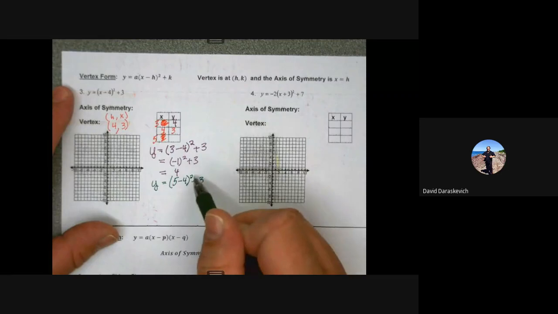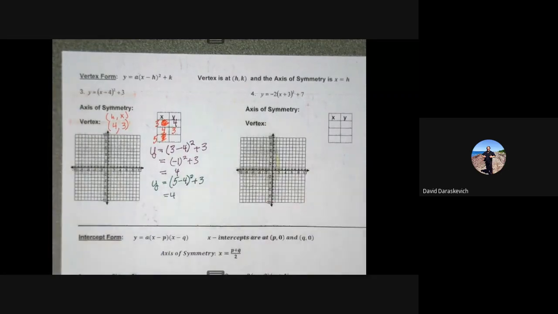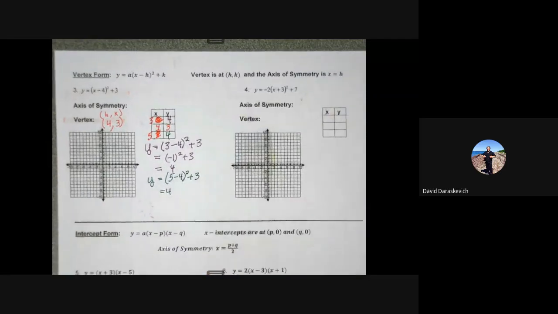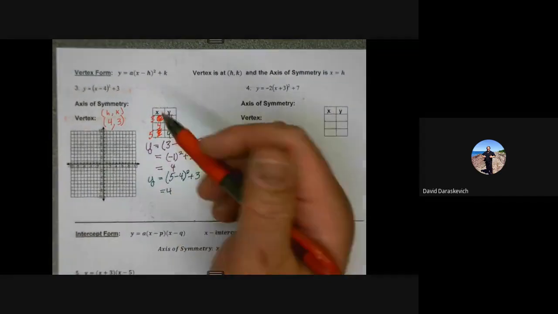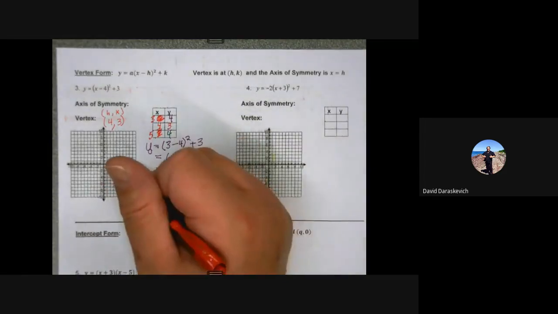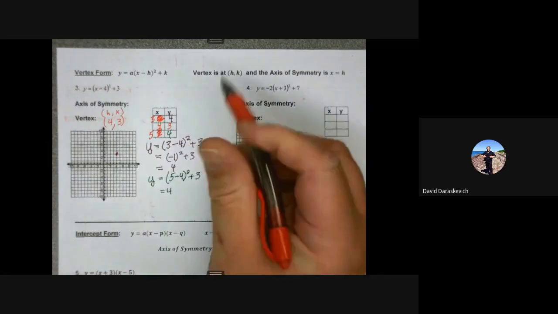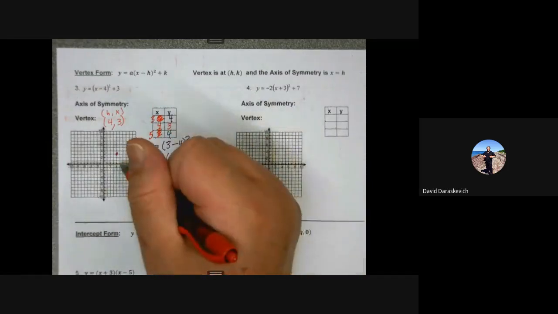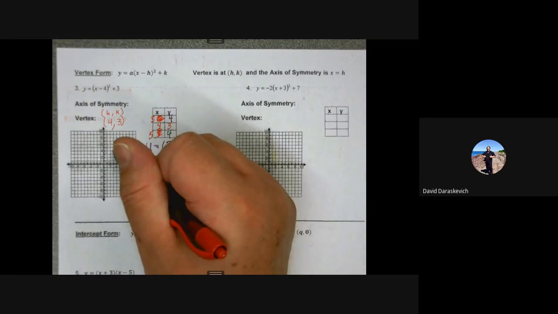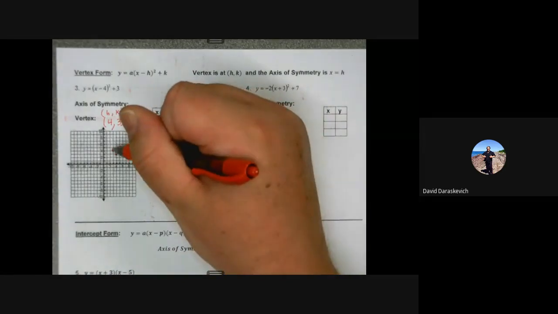Again, it's going to be 1 squared plus 3, or, hey, look at that, same number. So I got my 3 points. 4, 3 is my vertex. And then 3, 4. And then 5, 4.